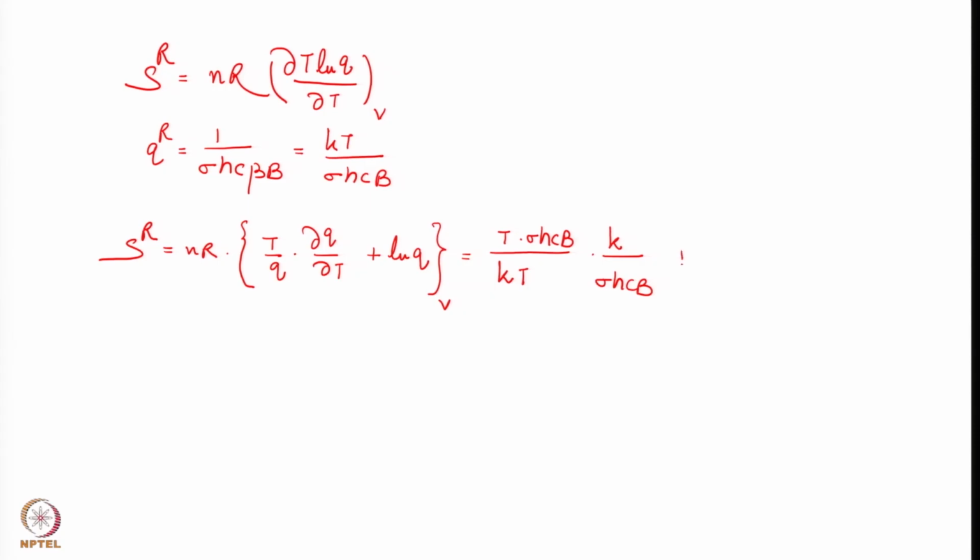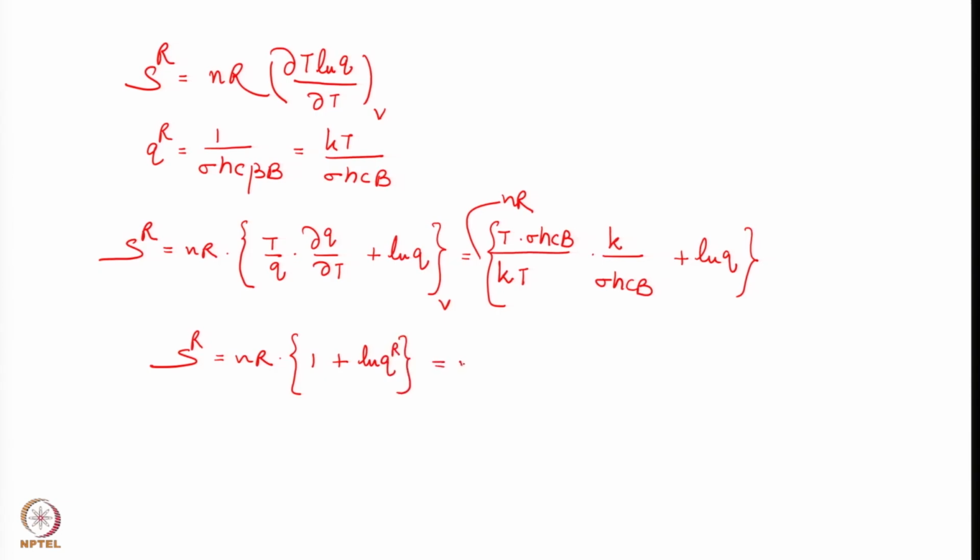And plus log Q, this is the bracketed term, and you already have here NR. So now S_R is equal to NR into kT over sigma hcB, and kT over sigma hcB cancel. So I have 1 plus log Q, where Q here is Q_R only.